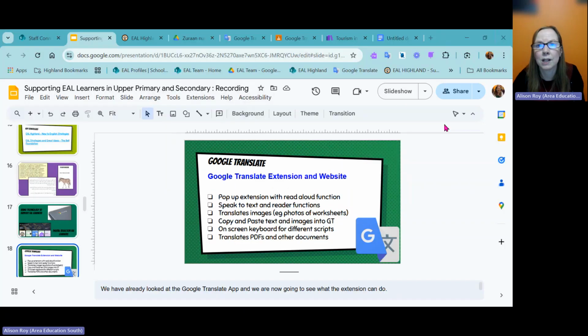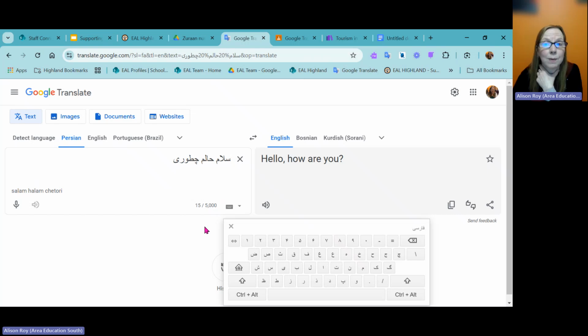Okay, so the first one we're going to look at is the Google Translate website. Students have their Chromebooks, so generally we would say to students to bookmark the actual website. If they type in Google Translate, they often get a more reduced version. So you want it to look like this.